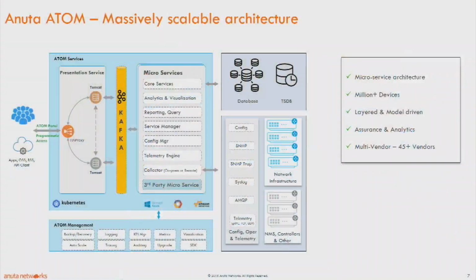Okay. So as I mentioned earlier, this is about our architecture, which supports millions of devices, and a layered and model-driven architecture, which provides assurance and analytics. Today we support 45 plus vendors.